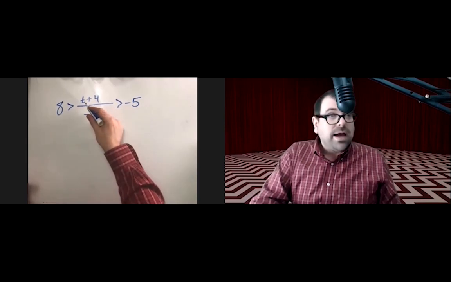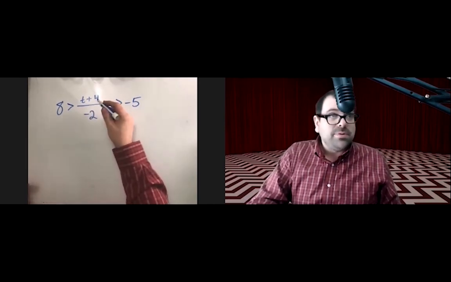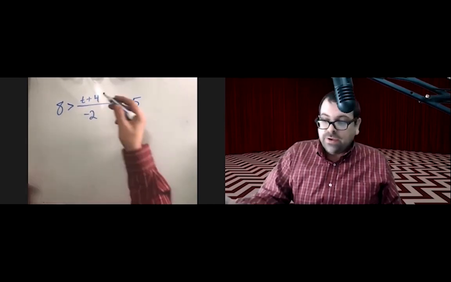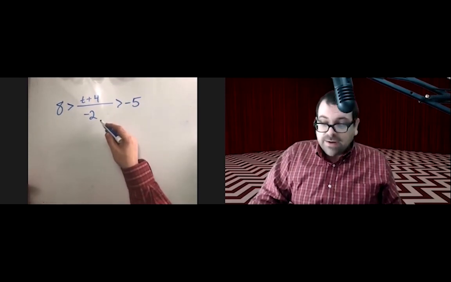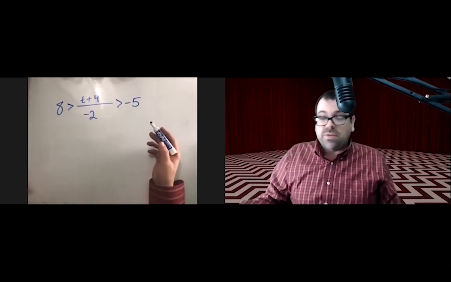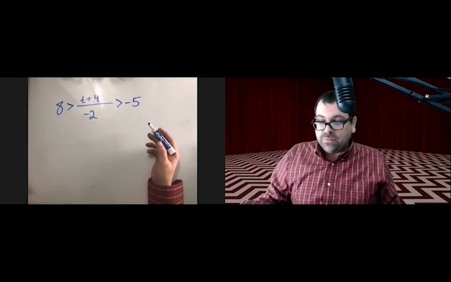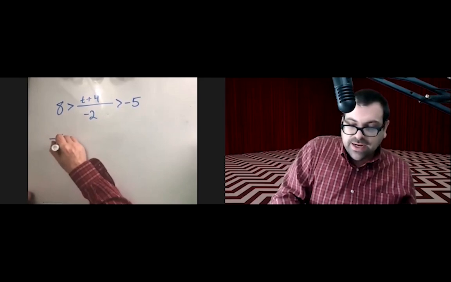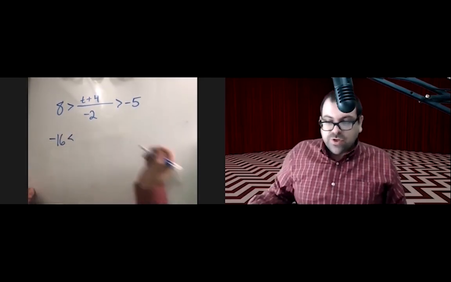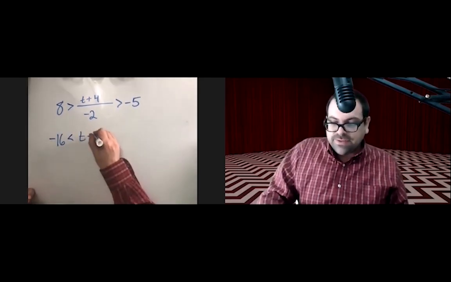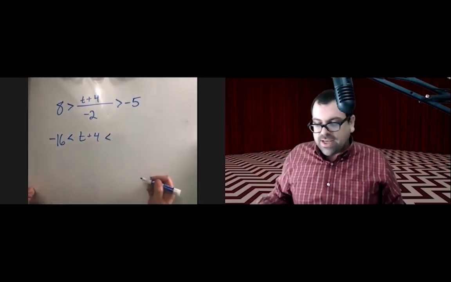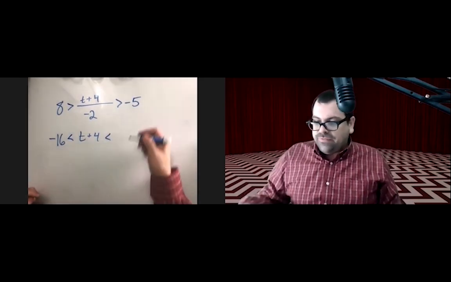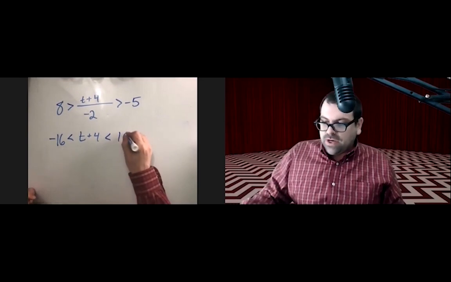We want to get the t by itself, so we got to get the t plus 4 by itself. We've got to undo dividing by negative 2, and we're going to do that with multiplying by negative 2 everywhere. 8 times negative 2 is negative 16. Switch the sign. t plus 4 in the middle. Switch the sign. Negative 5 times negative 2 is positive 10.